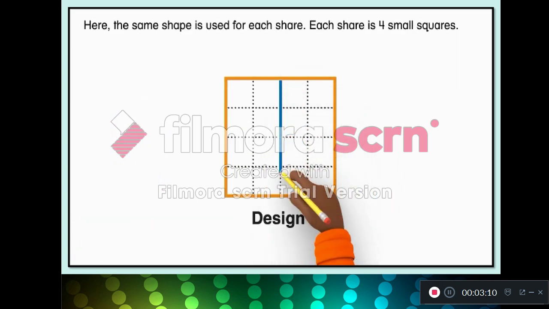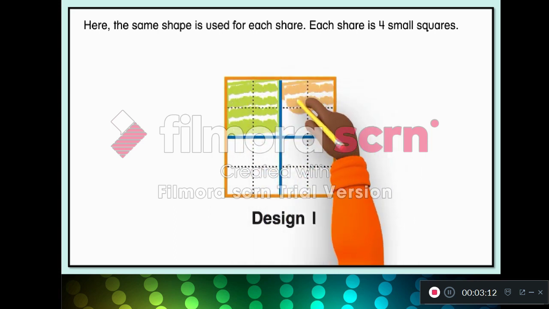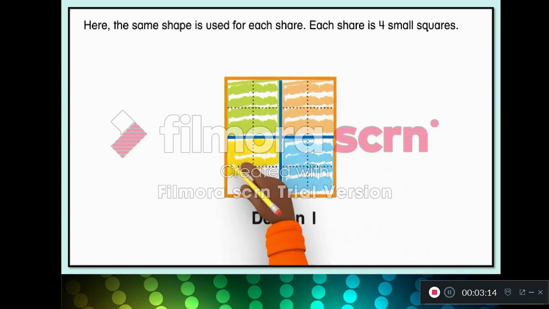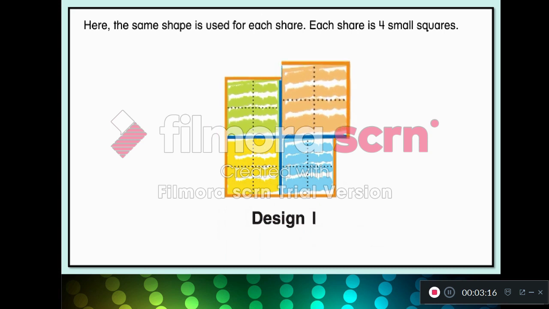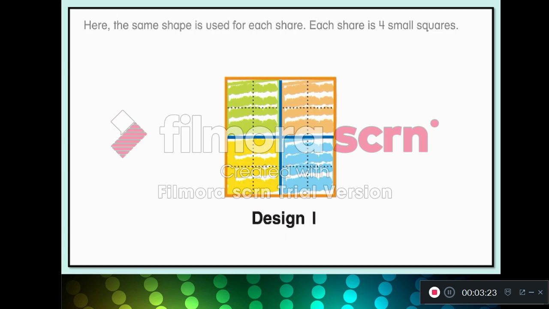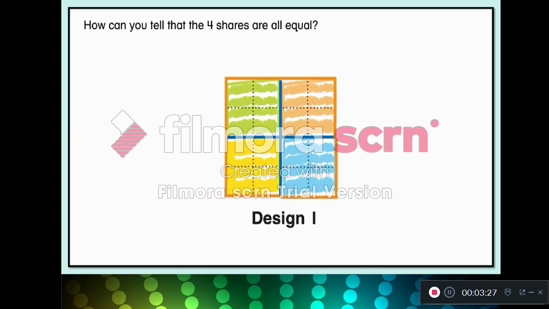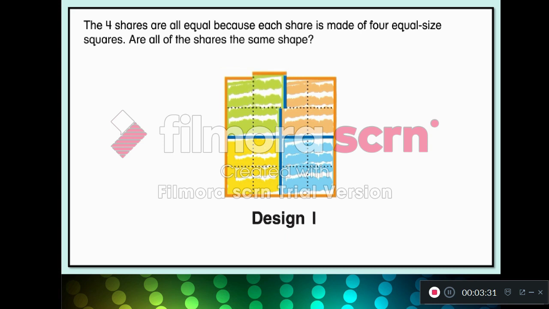Here, the same shape is used for each share. Each share is 4 small squares. How can you tell that the 4 shares are all equal? The 4 shares are all equal because each share is made of 4 equal-sized squares.